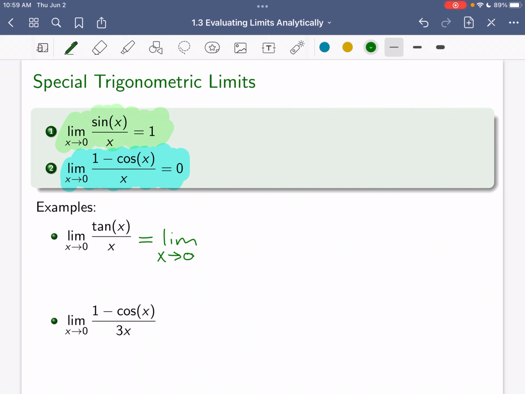Let's rewrite tangent in terms of sines and cosines. Tangent of x, we can write as sine x over cosine x, and that was all divided by x itself. So dividing by x, I'm going to write it as times 1 over x. We rewrote the tangent as sine over cosine.